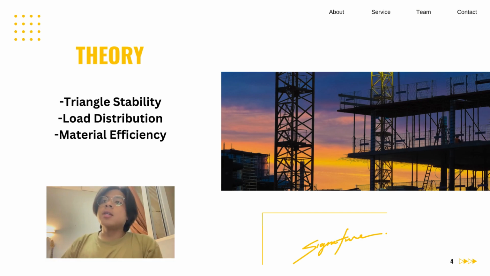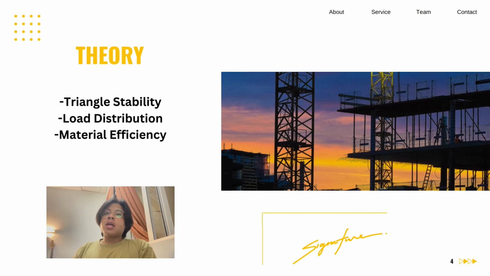Truss theory. Trusses are structures made up of interconnected elements forming triangles. Triangles are stable geometric shapes, and the arrangement of these triangles in a truss provides strength and stability to the overall structure. Load distribution. The Pennsylvania truss is designed to efficiently distribute load, both vertical and horizontal, across its members.